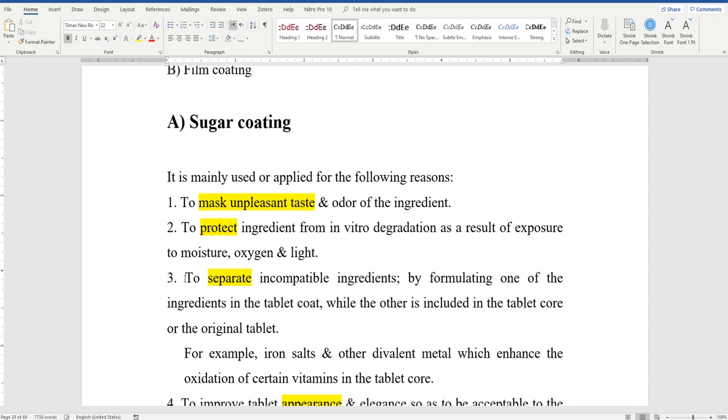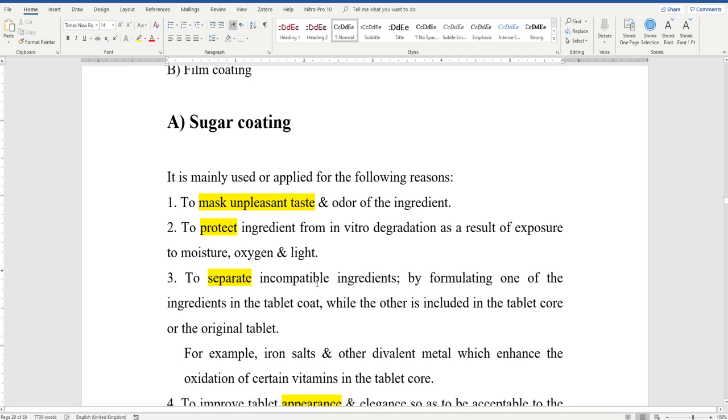So we can utilize this coating in order to separate incompatible ingredients, so that one ingredient will be in the shell or the outer part of the tablet, in the coating, and the other ingredient, which is incompatible maybe because of chemical interaction or something else, we can put in the core, or inside the tablet.